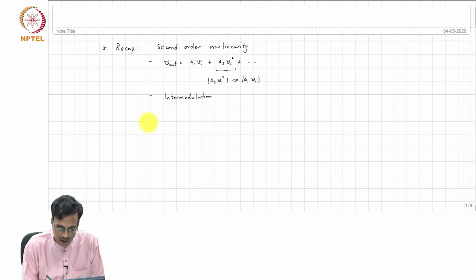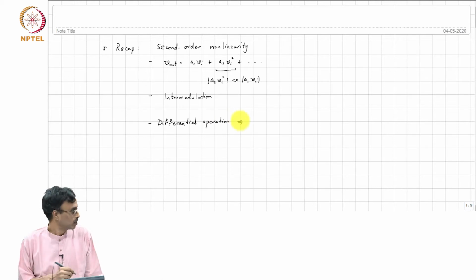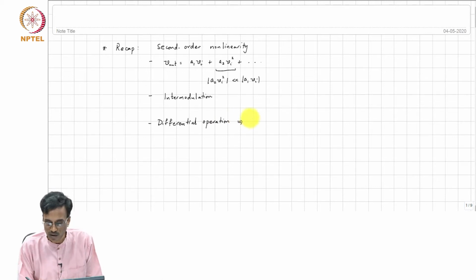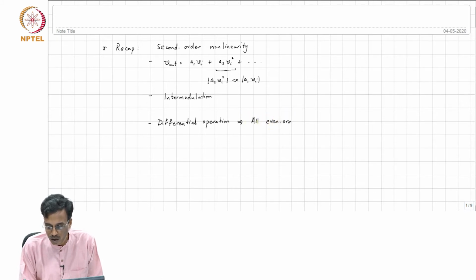And then we finally looked at fully differential circuits, and one of the important consequences of differential operation is that all even order distortion terms are eliminated.